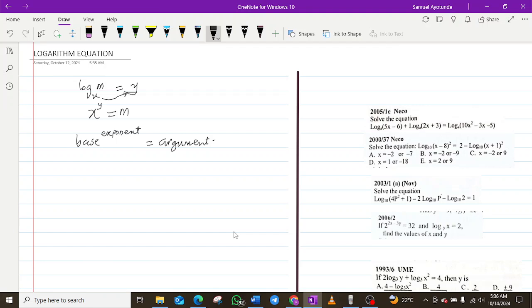So in short form, we can have it like this: b to e equals a. So that's how we change indices to logarithm, or logarithm to indices. So let's take our first example.